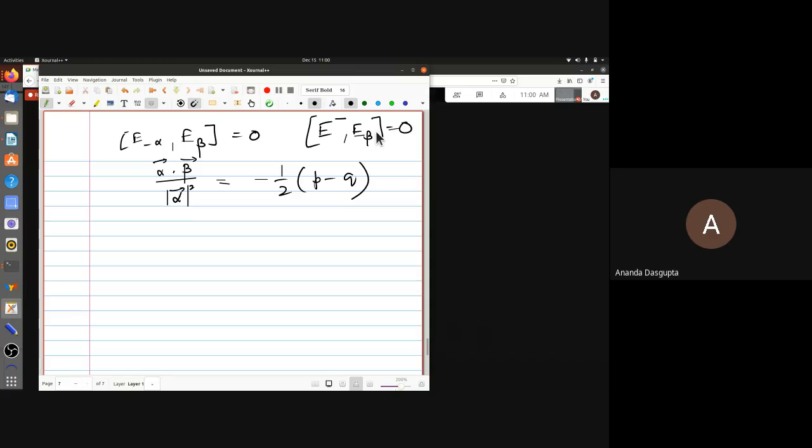That means what? Among P and Q, what does it tell you? Q is 0. It tells you that Q has to be 0. For simple roots, you cannot lower a root beta in the direction of alpha. If beta and alpha are both simple, this has to be minus half P. Well, it actually works both ways.